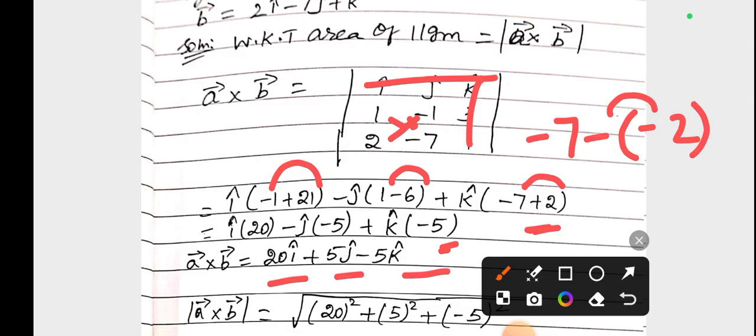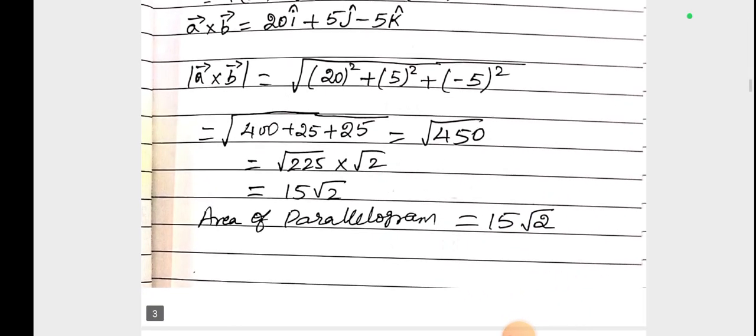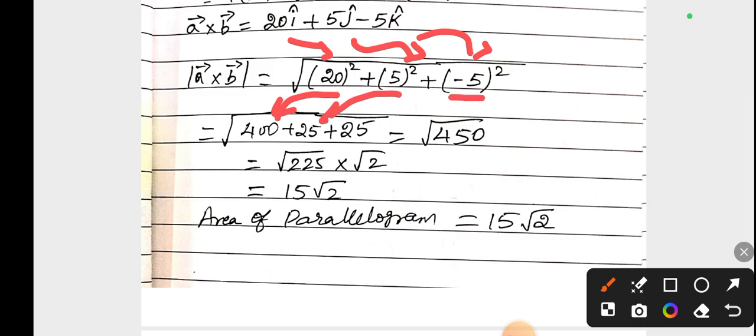Is the sum over? No, because area of parallelogram is magnitude of A vector cross B vector. So do root over. I cap coefficient is 20, 20 square. J cap coefficient is 5, plus 5 square. K cap coefficient is minus 5, so plus minus 5 square. What's 20 square? 400. 5 square 25. Again 5 square 25. If you're adding, you're getting root over 450.